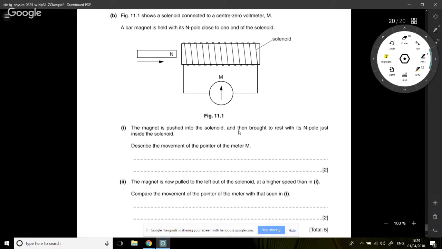Then in this question, describe the movement of the pointer over here. So once the magnet starts moving through, this will deflect depending on which way this is set up. It'll deflect one way, and then as you slow down and stop, it'll return back to 0.